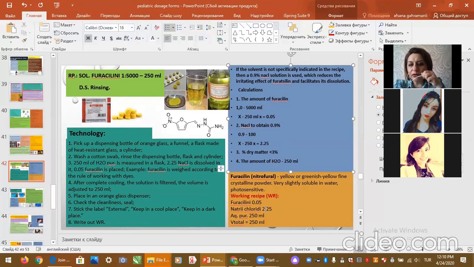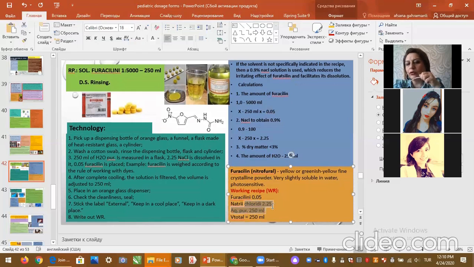In passport we write working recipe, passport we write furoselenum 0.05 because we calculate that, so it must contain natrium chloride or isotonic solution 2.25 milli, aqua purificata 250 milli. So total volume is 250 milli.